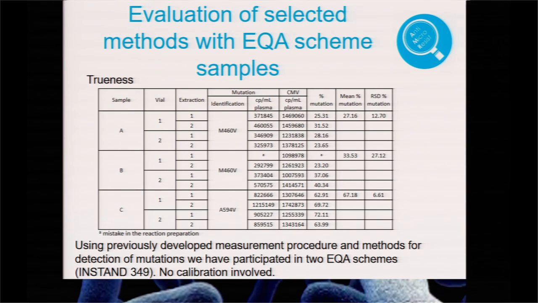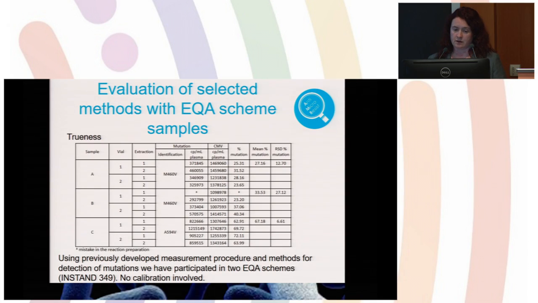So we got samples with resistant viruses, and using the previously developed method of quantification of cytomegalovirus and these new methods for resistance, we were able to correctly identify samples with the mutations, 2 of them. Again, there is no calibration involved in these measurements.